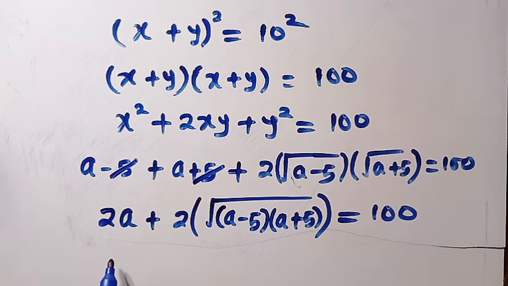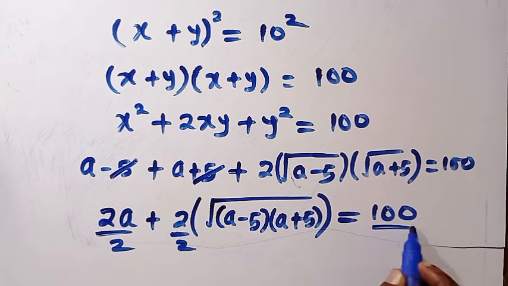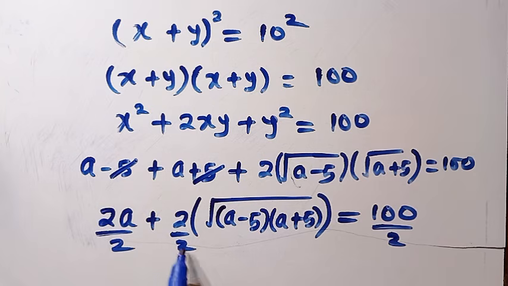So with this, if I divide both sides by 2, this cancelled and this also cancelled, this reduced to 50.